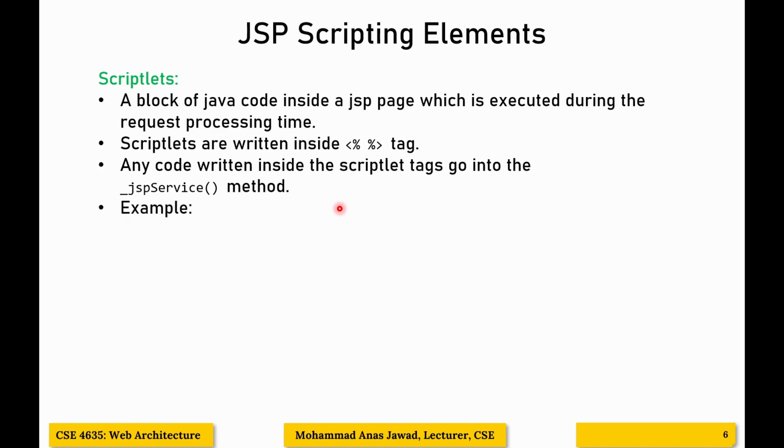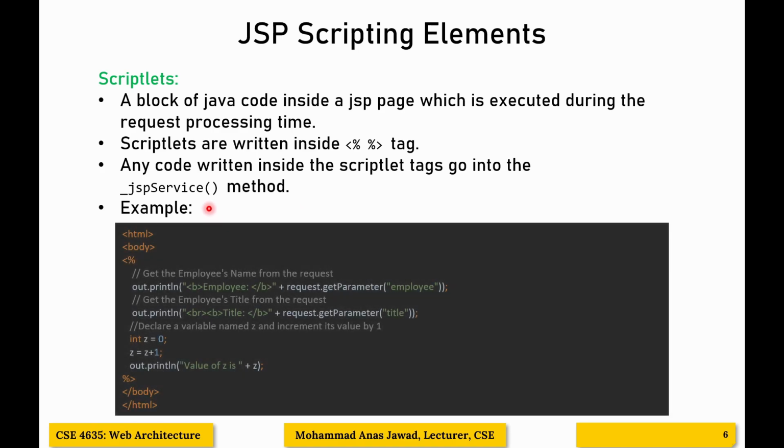Now, as an example, this is a JSP page, and inside the body tag of this JSP page, you can see that we have defined a scriptlet tag. Inside the scriptlet tag, we have written some Java code. For our first line, we are simply printing the name of an employee that we have received as a form parameter in some previous page.